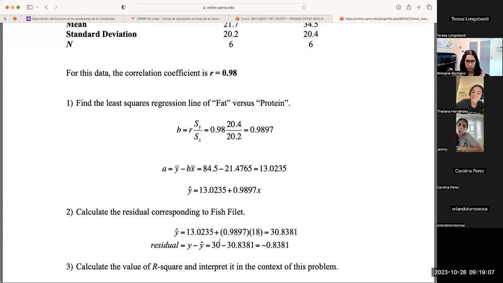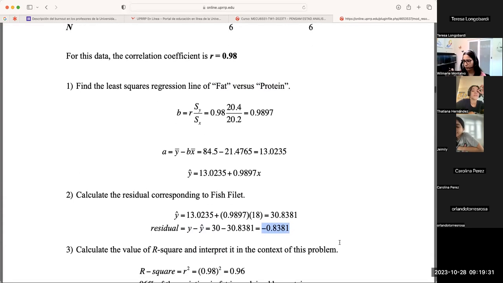The reason they do that is because they want the residuals above the line to be positive, and this will force the residuals above the line to be positive, and ones below will be negative. So that's why I get a negative here. Is that clear? Sí. Okay. You did the reverse, right? So maybe you saw somewhere it was the reverse.